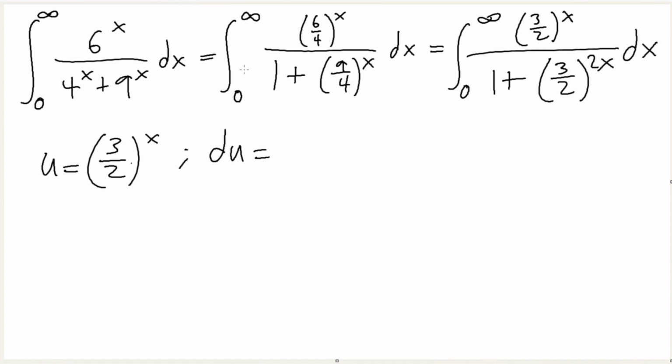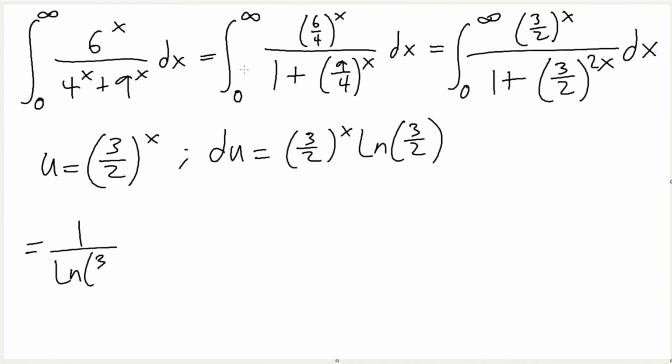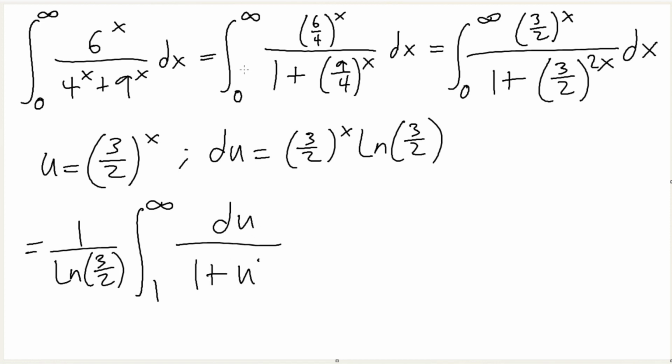So, the derivative of this is 3/2 to the x times ln of 3/2. So now the integral is 1 over ln of 3/2. Okay, plugging in infinity, that's still infinity. Plugging in 0, that's 1. And then we get du over 1 plus u squared.